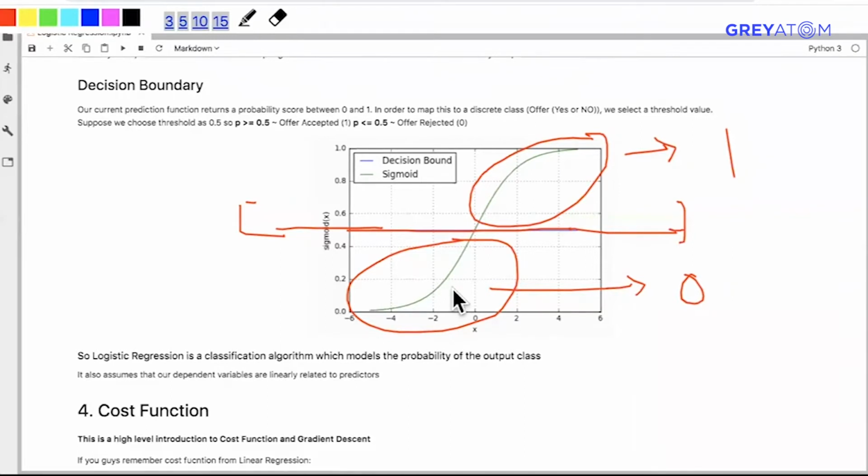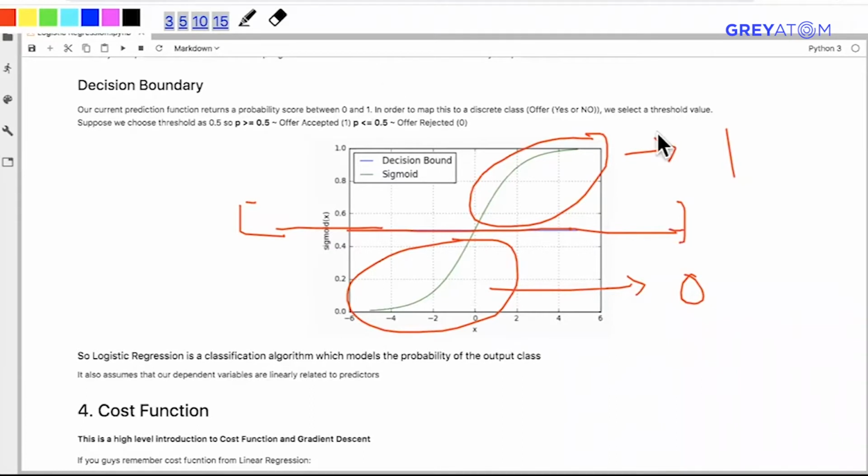Which error you want to reduce depends on the business as well: what problem are you trying to solve? Do you want your false positives to reduce, or your false negatives? We will discuss this later in the session. If you feel I'm talking about errors that we have not introduced yet, just wait and we'll introduce them later.